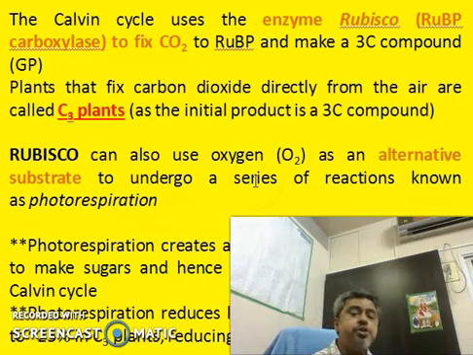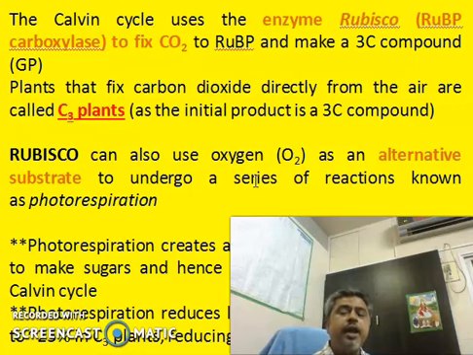Now the Calvin cycle uses RuBP carboxylase to feed CO2 to RuBP to make a 3-carbon compound, that is 3-PGA. Plants that fix carbon dioxide directly from the air are called C3 plants, and Rubisco can also use oxygen as an alternative substrate to undergo a series of reactions known as photorespiration, which creates a product that cannot be used to make sugar, hence reducing the efficiency of the Calvin cycle and photosynthesis by up to 25% in C3 plants, reducing the energy yield.